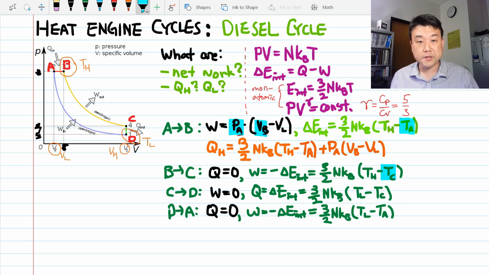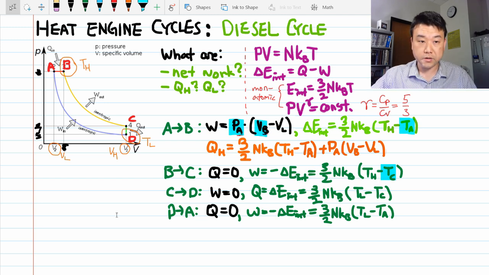So figuring out these unknowns is where all the expressions we wrote down come in. And looking at it, I think the easiest thing to figure out is temperature at A. It's connected adiabatically to point D, and I know everything I need to know at points D and A to express the temperature at A. So I went through this derivation when I did the Otto cycle, so I won't go through it again.